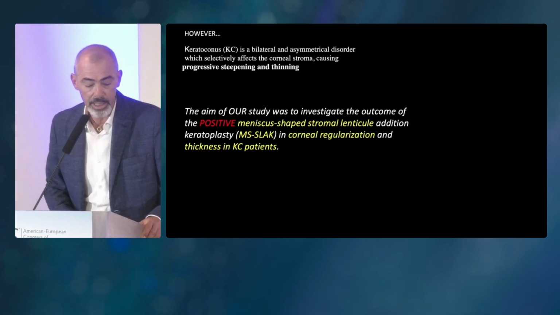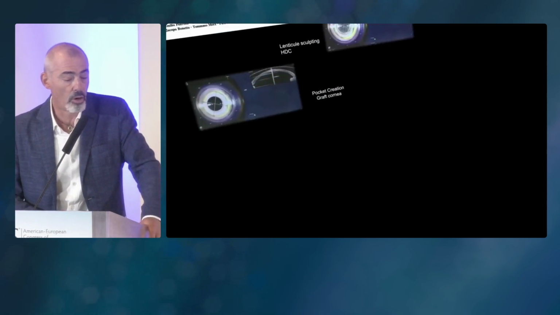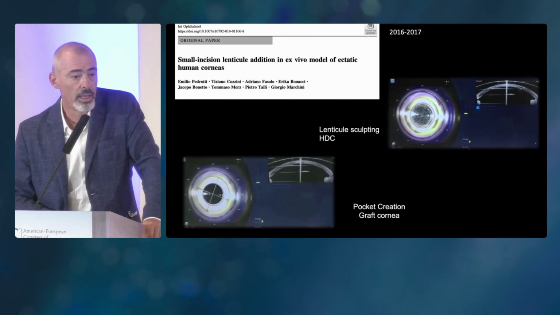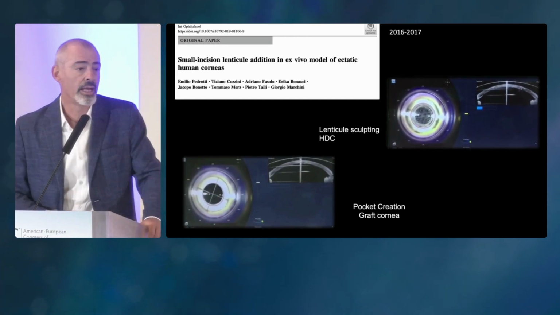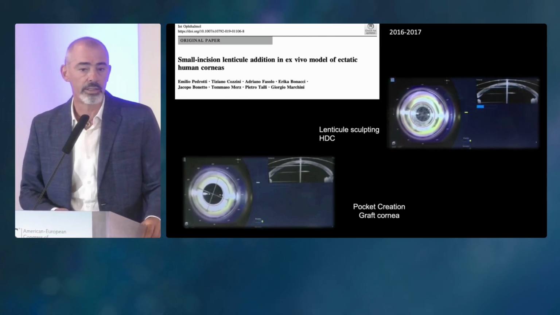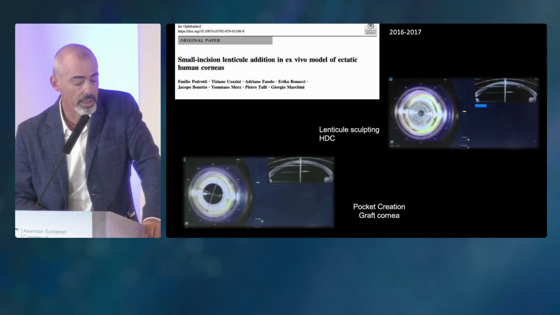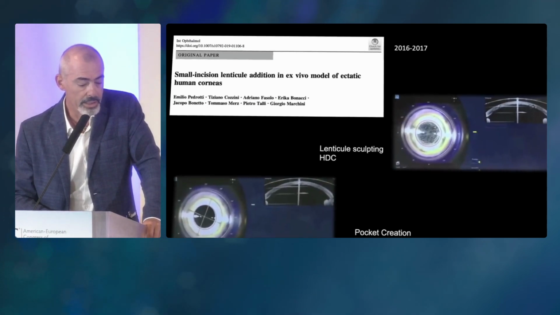At the beginning, we started with an ex vivo model by creating a sort of ectatic model using excimer in the posterior face of a cornea. Then we cut the lenticle, we create the pocket, and we insert the lenticle into the pocket by using the femto. This is briefly the technique.